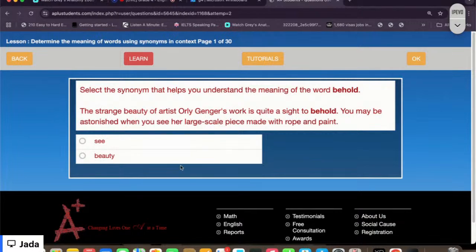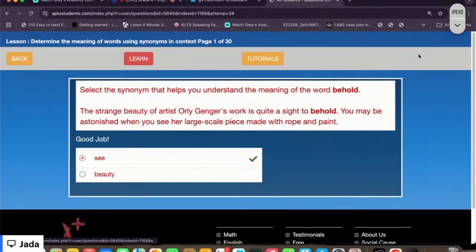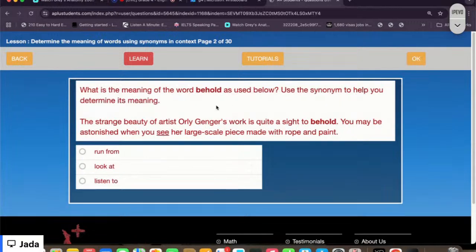So we have beauty or see. So behold, the synonym is also see. So we also have behold, and this is the same thing. So is it run from, look at, or listen to?